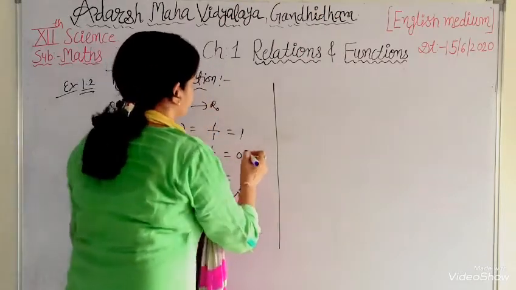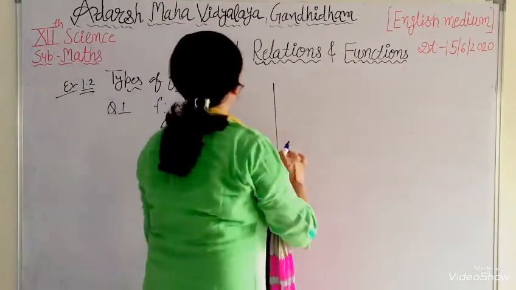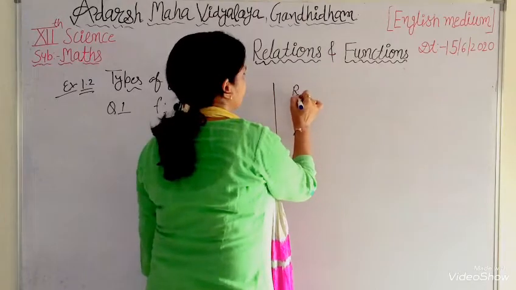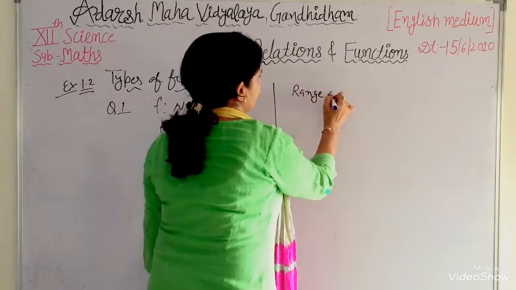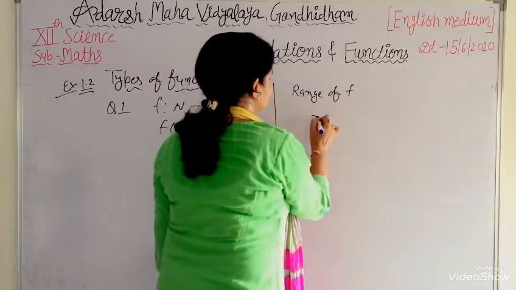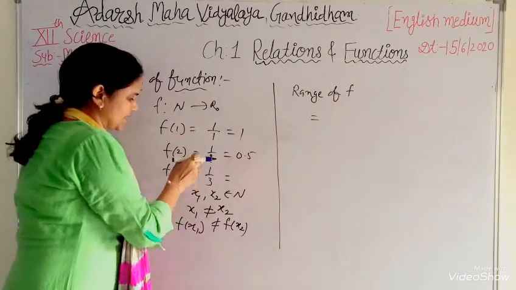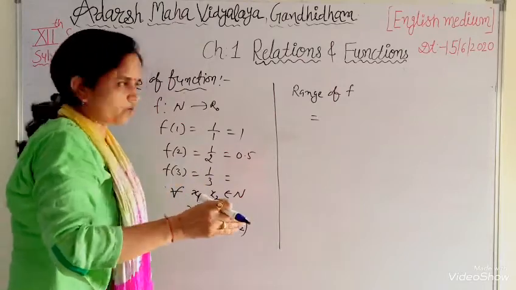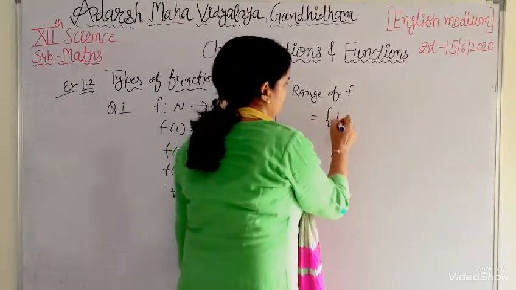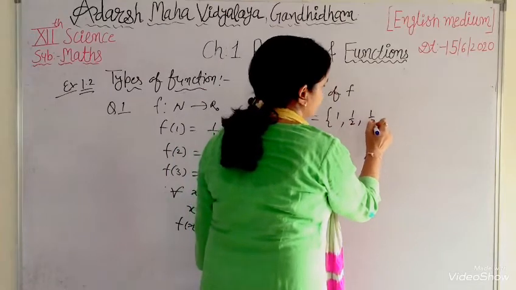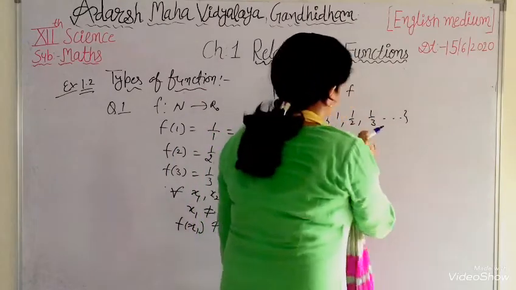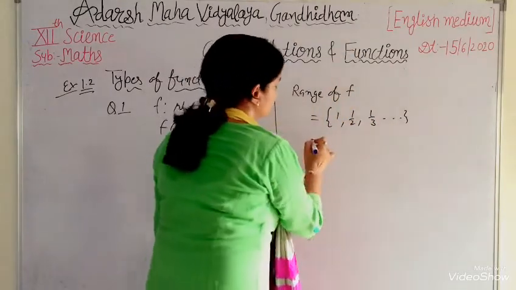But for onto, students, here range of f. What is the range? See, you will get 1, 1 by 2, 1 by 3, 1 by 4 and so on. So range will be, students, 1, 1 by 2, 1 by 3 and so on. It doesn't contain 1.3.